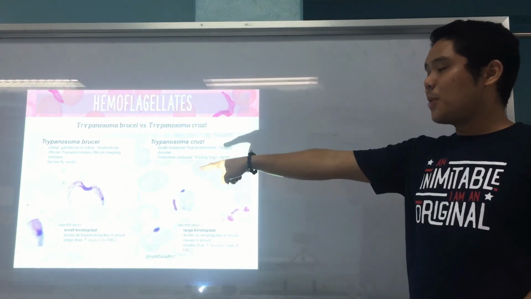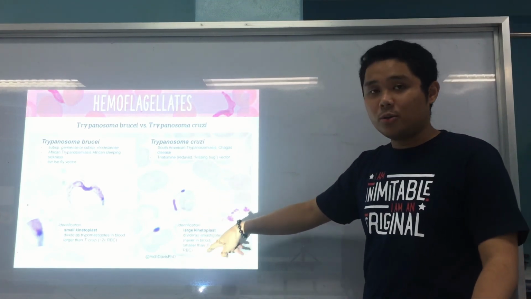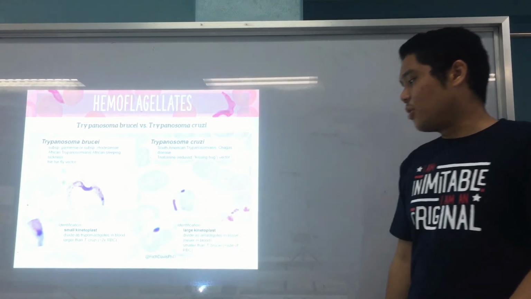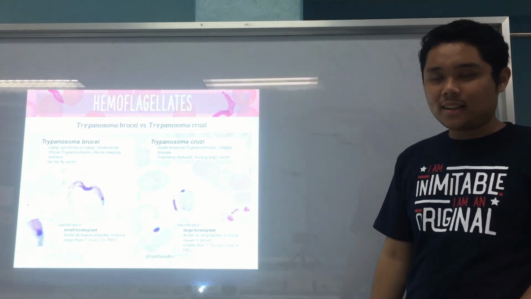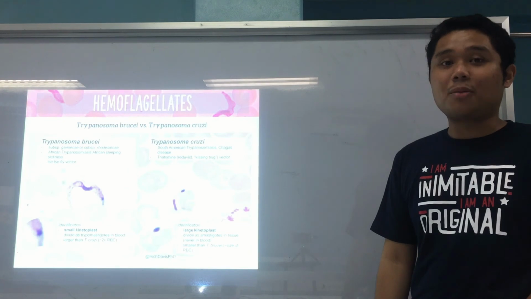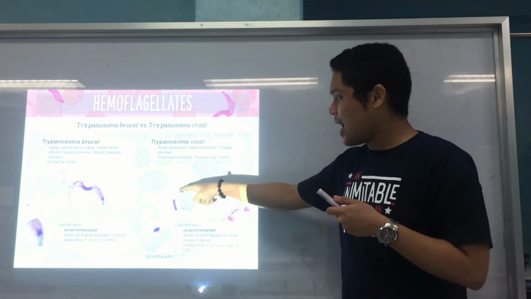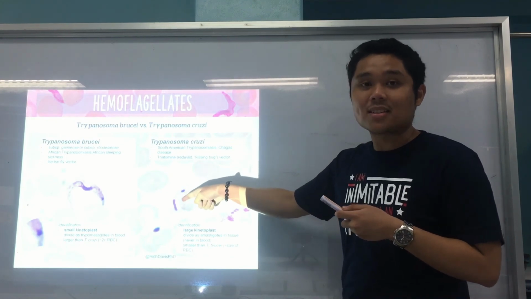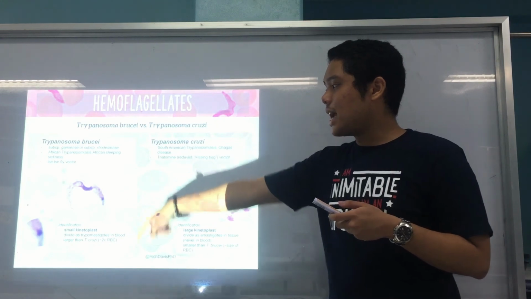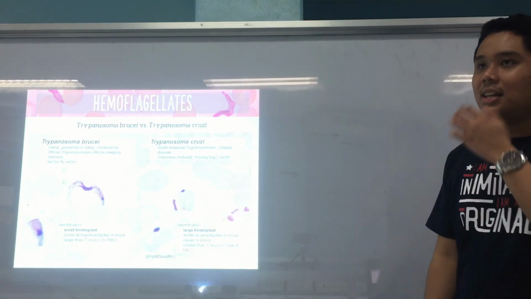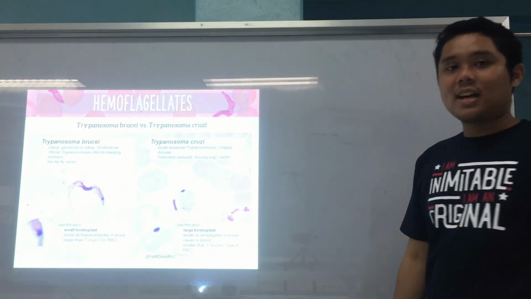T. brucei trypomastigotes are much larger than RBCs, whereas T. cruzi is smaller than T. brucei, usually about the size of an RBC. And look at this, like their eye. This is your kinetoplast, larger in Trypanosoma cruzi and much smaller in Trypanosoma brucei. By size, T. brucei is bigger and T. cruzi is smaller.